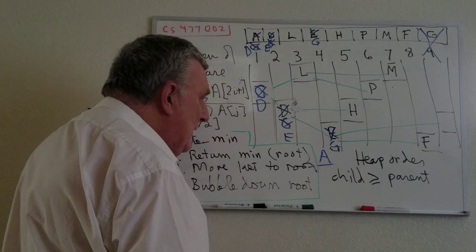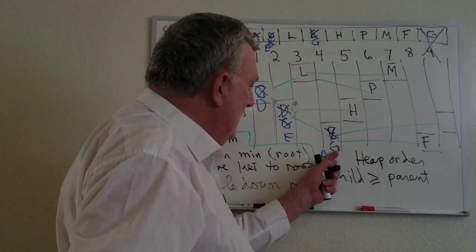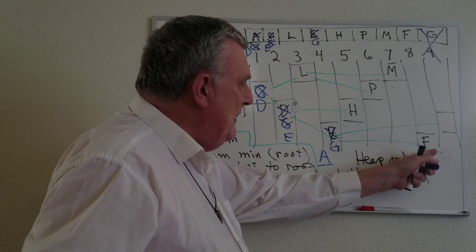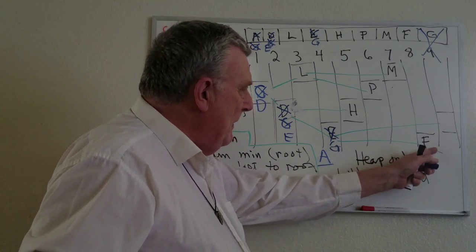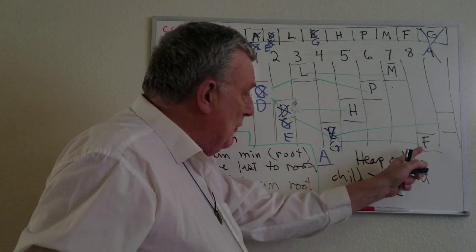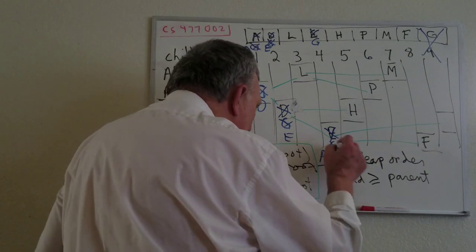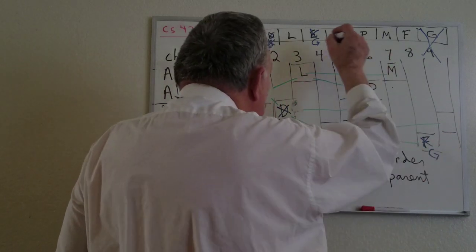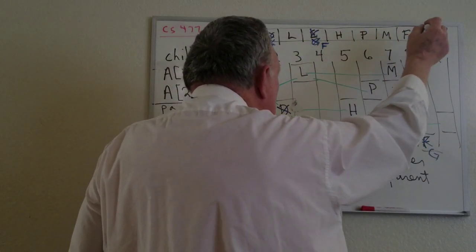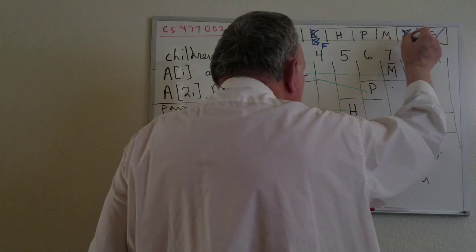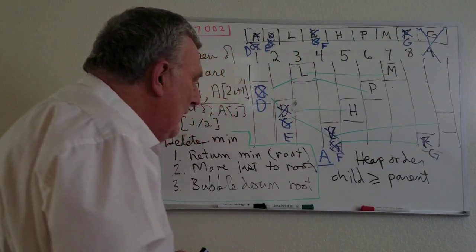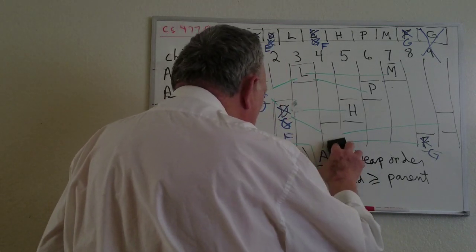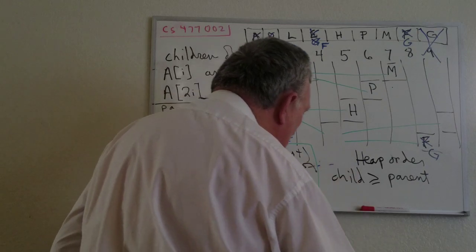Now we're not done because we now have to bubble down one more time. We have to look at its children and say, is there anything less than G? Well, this child doesn't exist anymore, but F is less than G. Therefore, we have to put G there and move F to this position. Now, if we look at the structure of the tree as it now exists, let me make these a little clearer here.